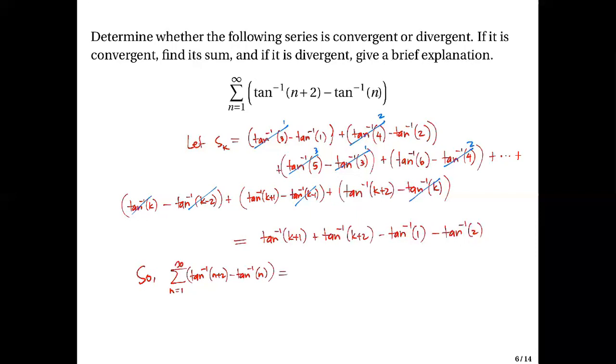This is equal to the limit as k approaches plus infinity of S sub k. And then this guy, what's the limit? Remember the graph of your tangent inverse. So this guy here will go to pi over 2, plus this guy here will go to pi over 2 also.